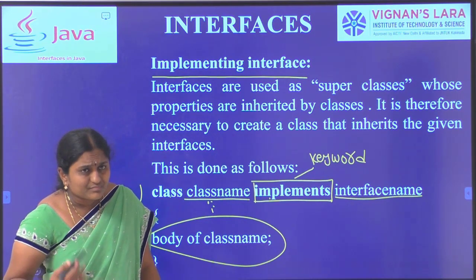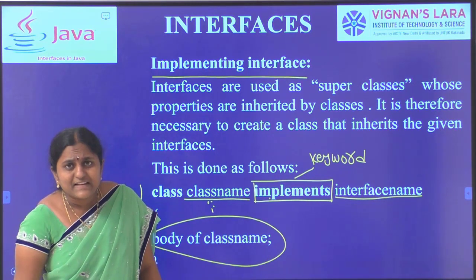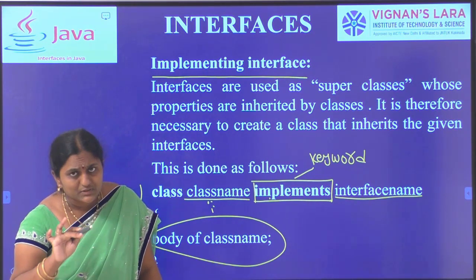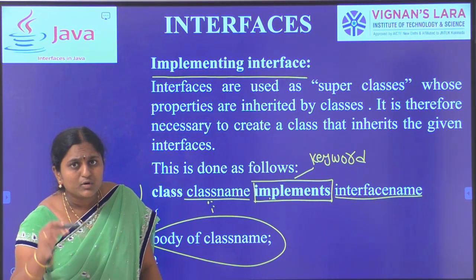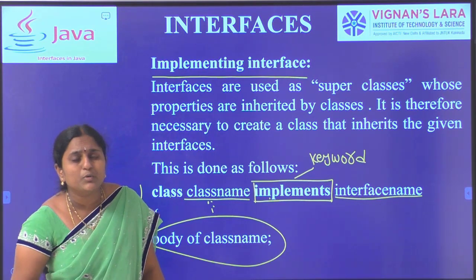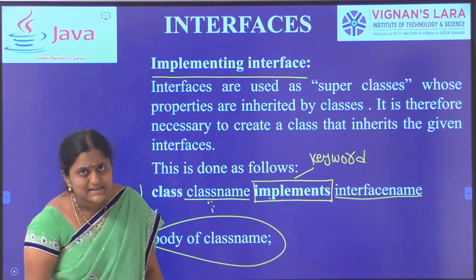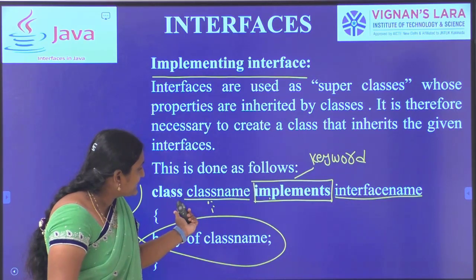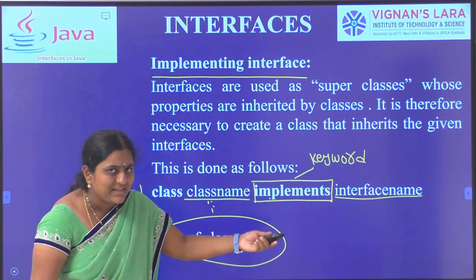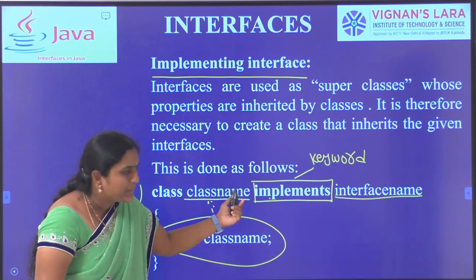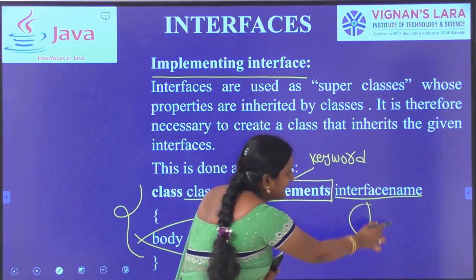Already I told you, an interface contains only method declarations without any body. So it is the user's responsibility to provide the body in the later stages. In this one, class implements interface. This class provides the body of the corresponding interface.